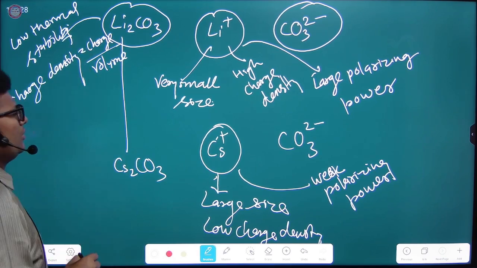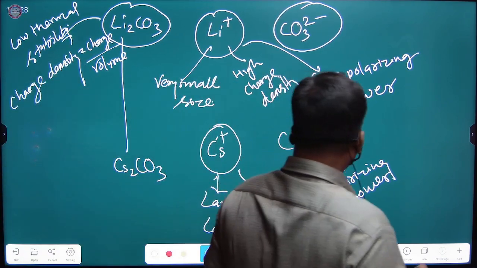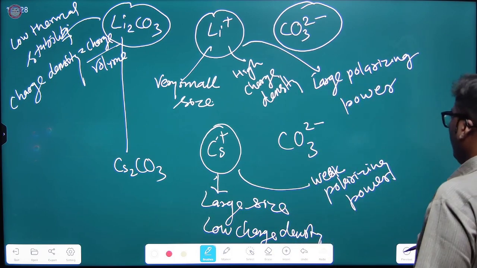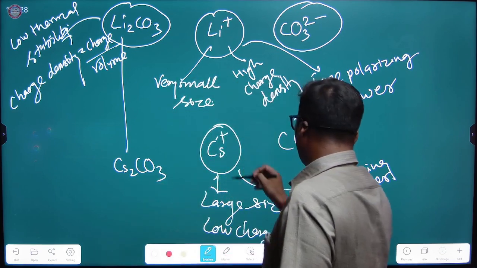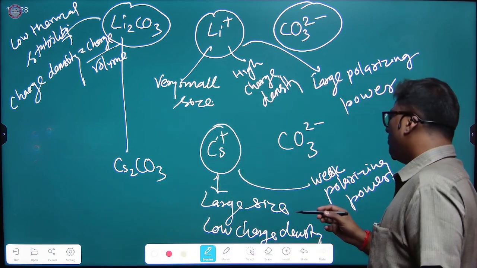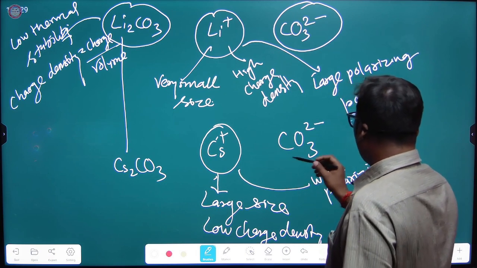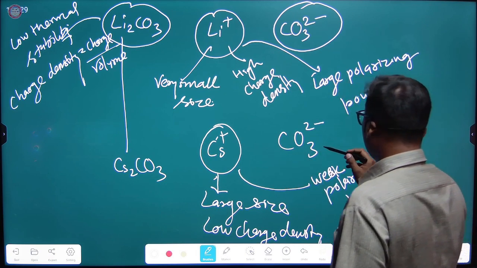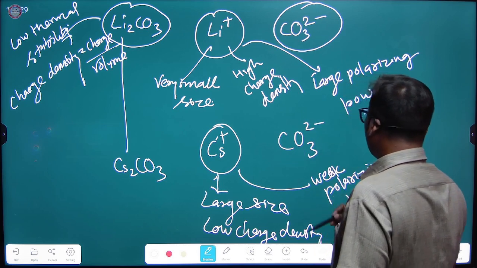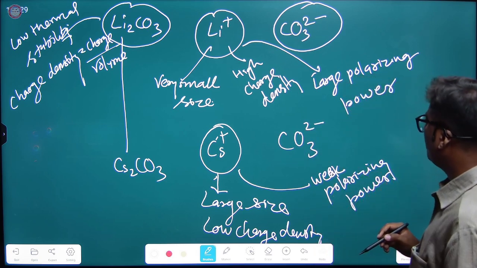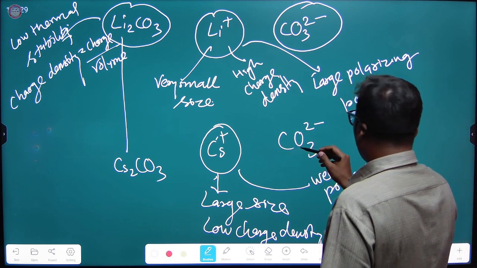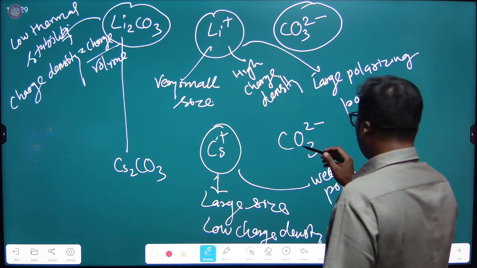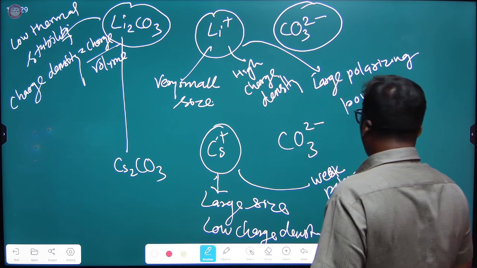Okay, and in case of cesium carbonate, cesium plus is bigger in size, which has poor tendency to polarize this large polyanion carbonate ion. So it cannot easily destroy or break the structure of this carbonate ion.